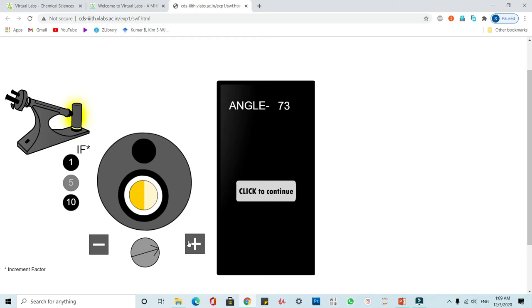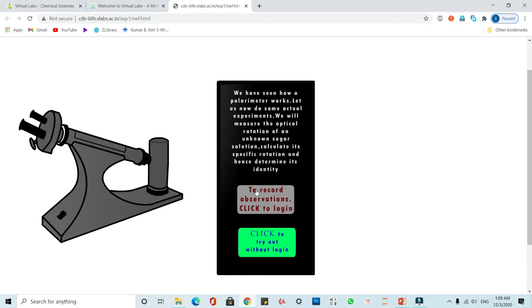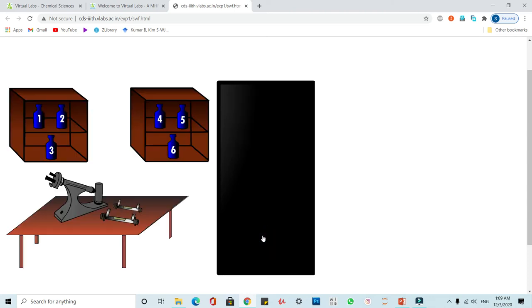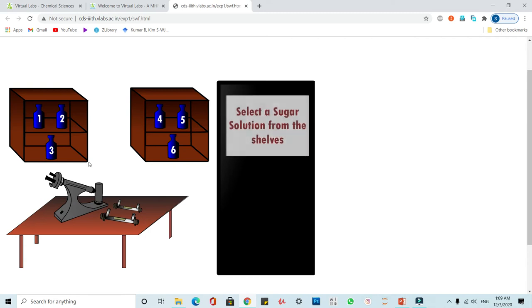After selecting the first one, you have to input the amount of sugar solution for which you can determine its value. So let us choose, I have selected 30. Concentration is 30 gram per 100 ml. After that you have to enter the value.